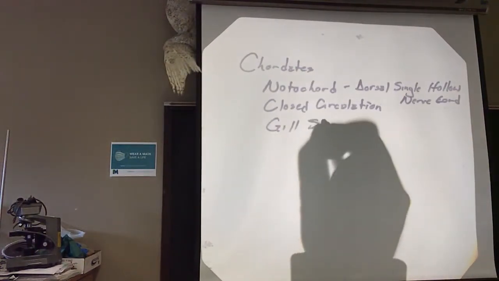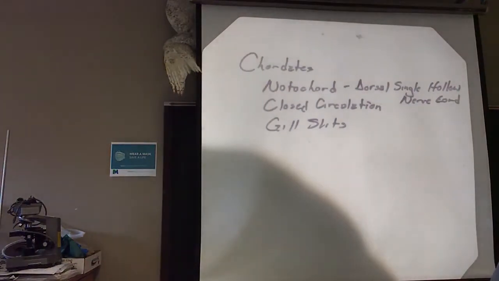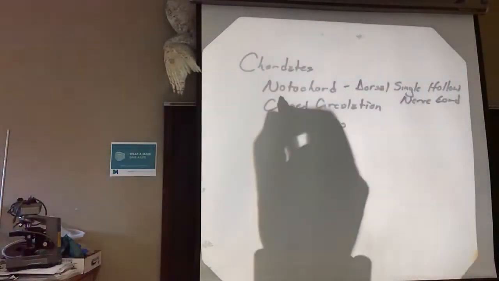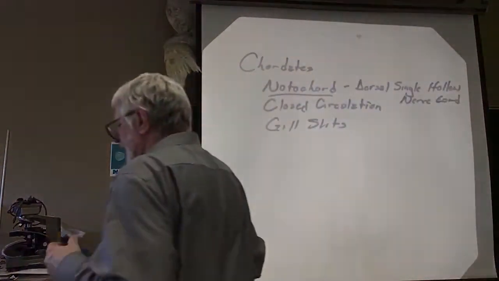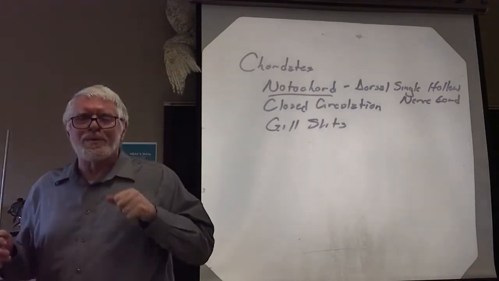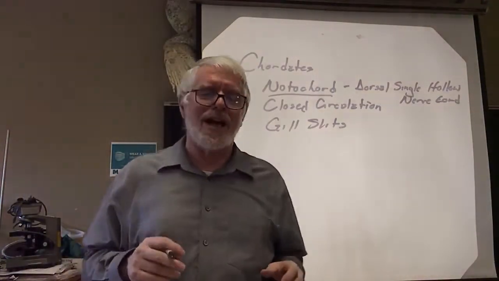We'll call them gill slits. Just make sure I have everything. Don't forget that a notochord has two particular uses. In primitive ones, it's skeletal. Later ones, it's used to tell the spinal cord where to form. That's what that hollow tube is going to be.